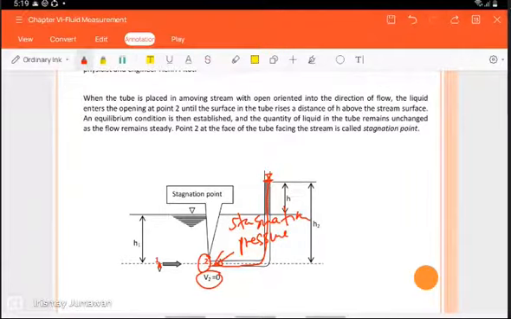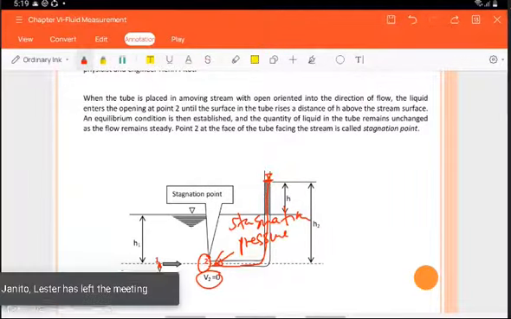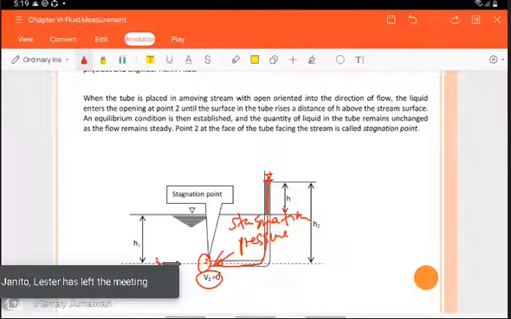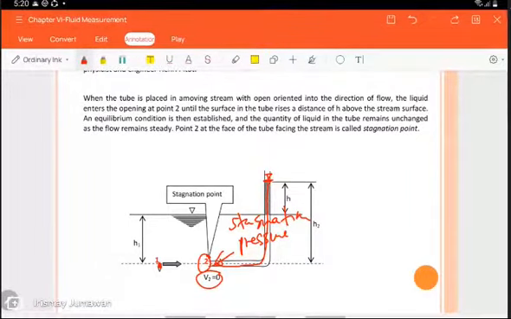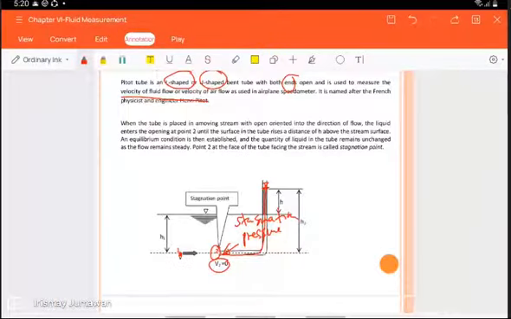So if we have to determine the energy of a fluid from point 1 to point 2, we have to use Bernoulli's equation.